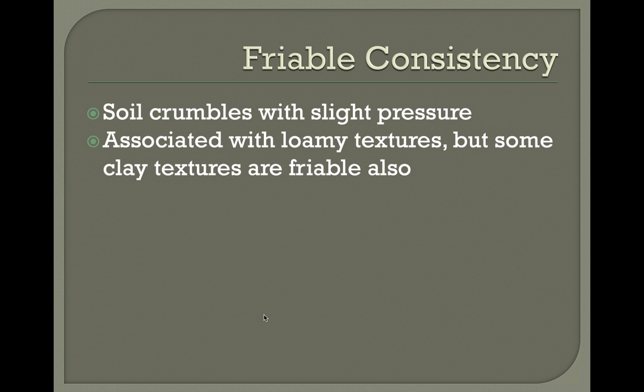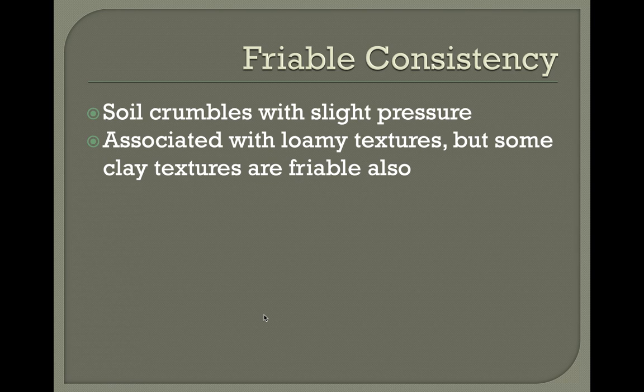The more friable and firm that you get, the more difficult it is to work with. Friable is going to be ideal. If we were looking at something like planting crops, friable is going to be ideal, because it holds just enough consistency that it's going to stick together some, but it's not going to be so firm that you can't really work with it.